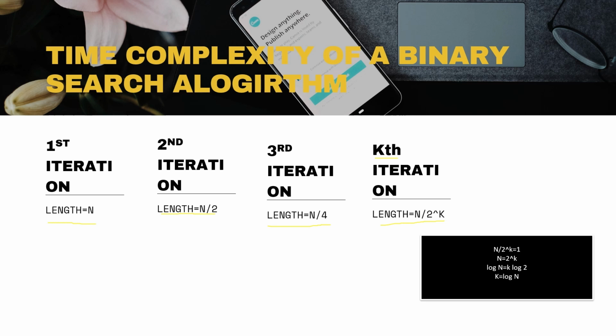So we know how we get the time complexity. Let's take n upon 2 power k equals 1. After solving our equation, we get k equals log n. It means the time complexity of our binary search will be big O of log n, which means that the time complexity of the binary search algorithm is much better as compared to the linear search algorithm.